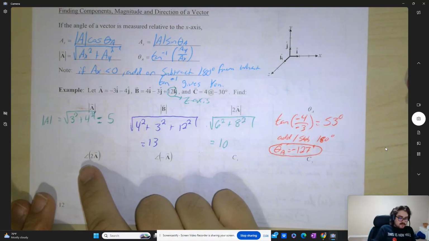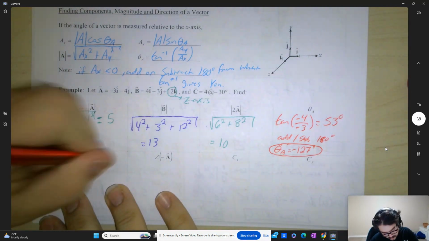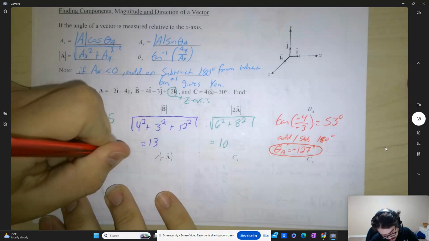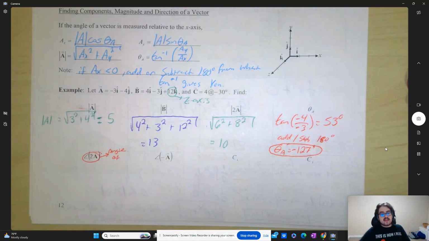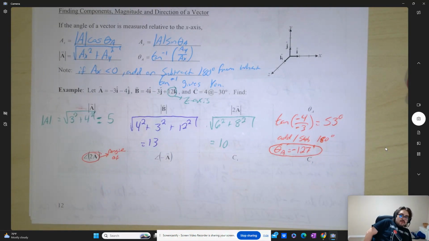This weird symbol right here means angle of. Now here's the thing: for 2A, you could do the tangent all over again, and that's fine, except you don't even need to. 2A is just making the vector longer, as we saw here.